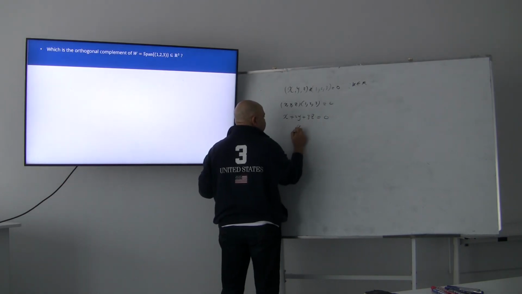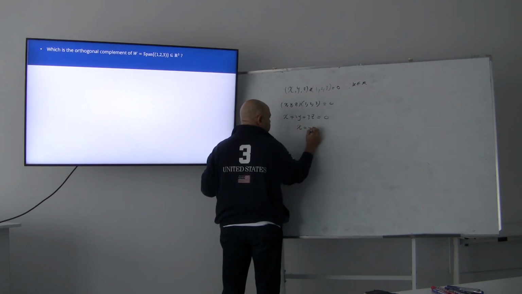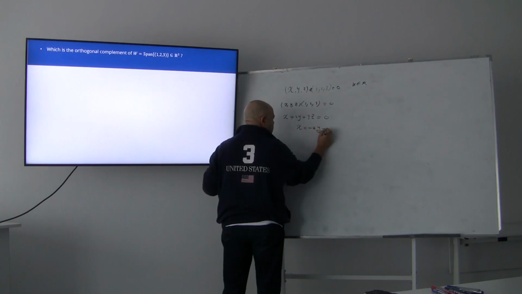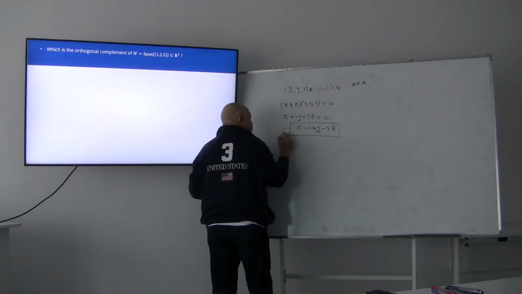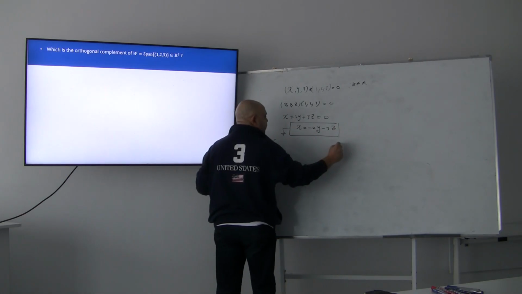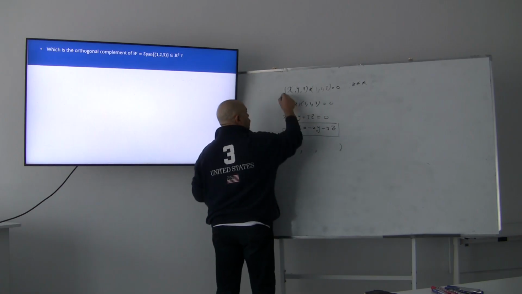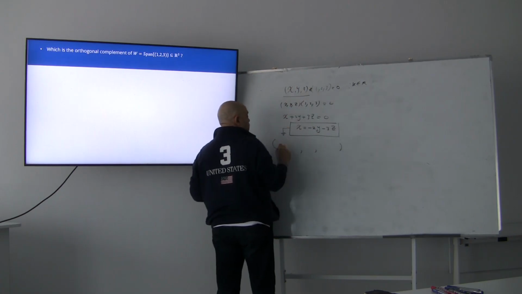That implies x equals negative 2y minus 3z. I will substitute this into the coordinates of the orthogonal complement (x, y, z).